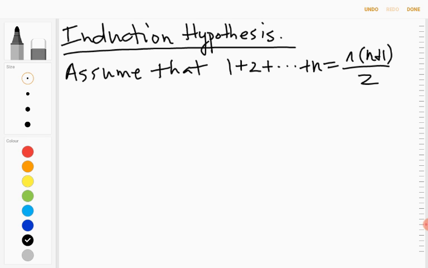So what we want to show is that it holds up until n plus 1.